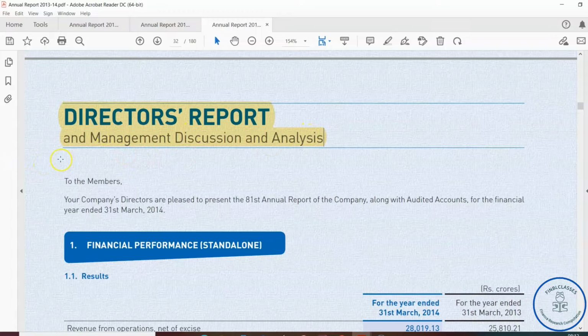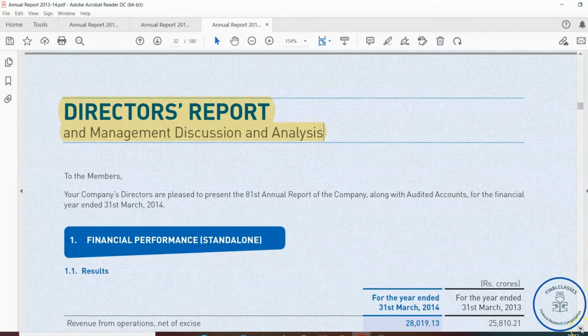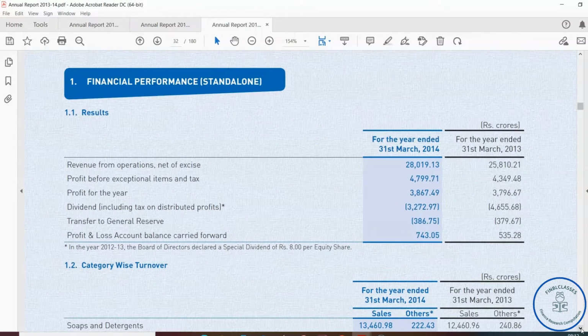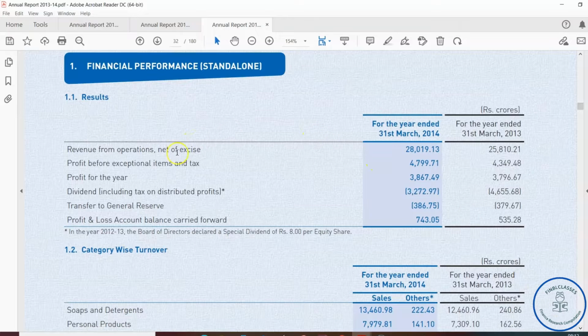You have to see the director's report and management discussion and analysis, which is very important, and it will show the standalone performance. They have shown the revenue from operations of 28,019.13 crore.